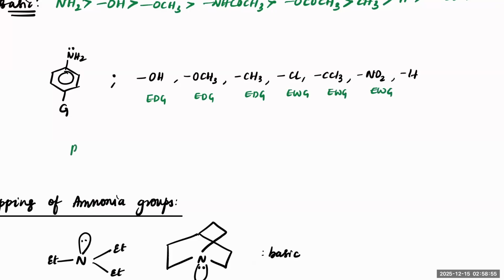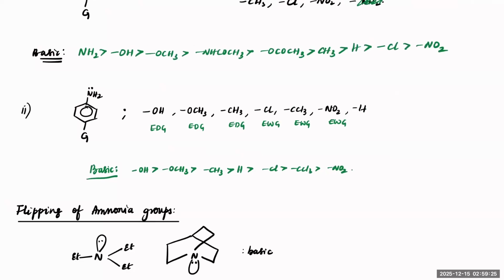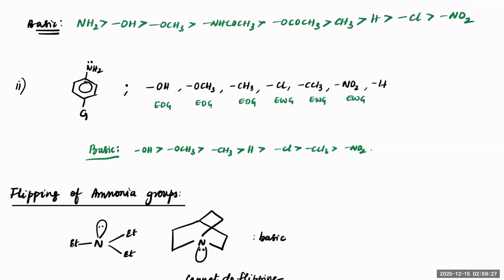So if I put the basic character here, definitely you will notice that OH is very strongly donating, then OCH3, and then CH3. And then we have hydrogen here, then chlorine, then CCl3. Last comes nitro. That is the least donating case, or rather, it is highly withdrawing case.